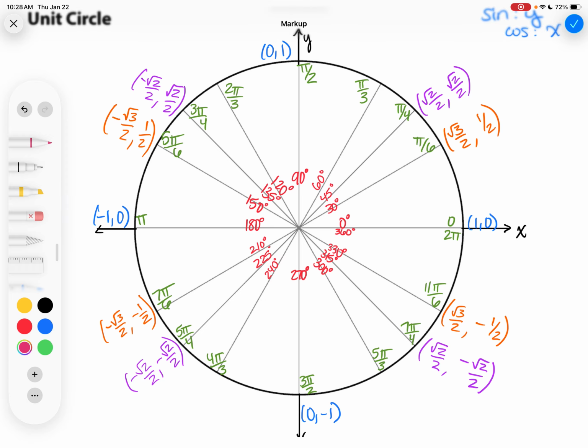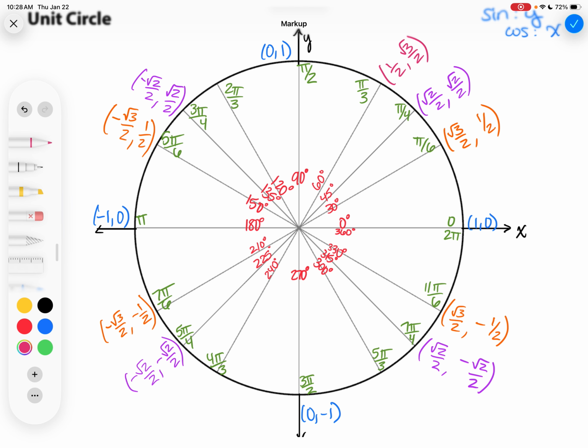All right, now we've got the pi over 3s. So, if you visualize it, I told you that these are the numbers that we use. These are our 3 numbers that are like our key numbers. The pi over 3s are just a swap of the x and y values of the pi over 6s. So 1/2 and root 3 over 2. Notice how I said that earlier.